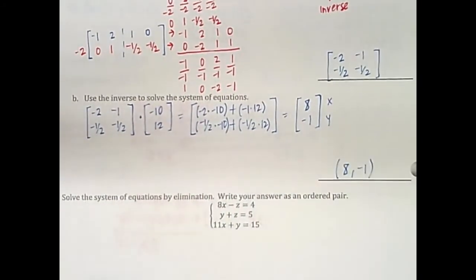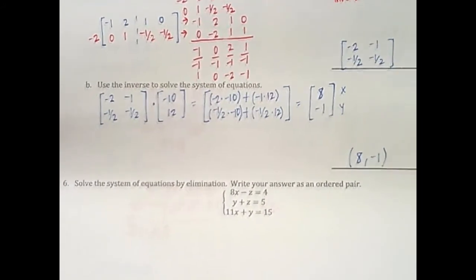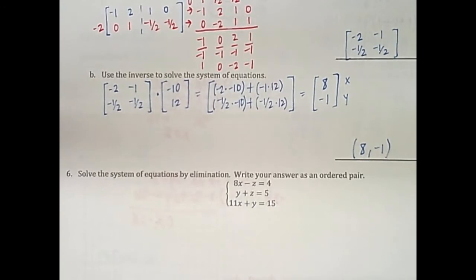Okay, so on to number 6. Number 6 is a system with 3 variables. So this one's kind of different. It has 8x minus z, y plus z, 11x plus y. So all of these actually are 2 variable equations, but they all have different variables. And remember, we're looking to get 2 equations that have 2 of the same variables in it.